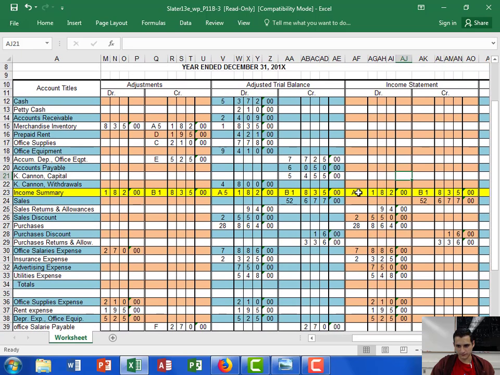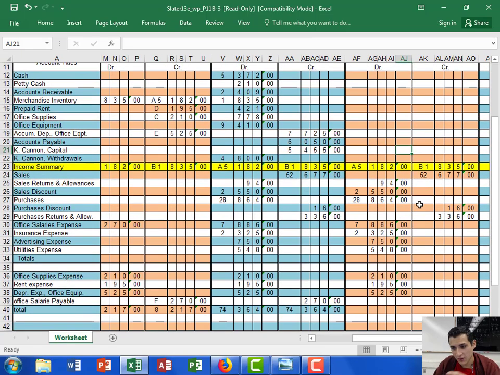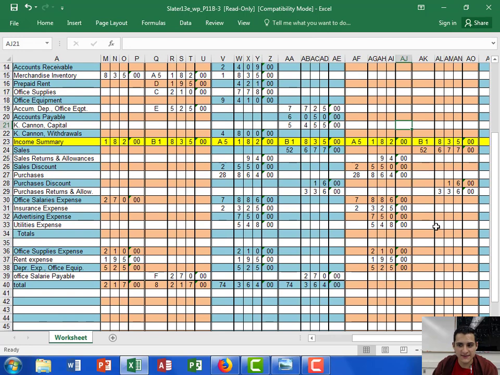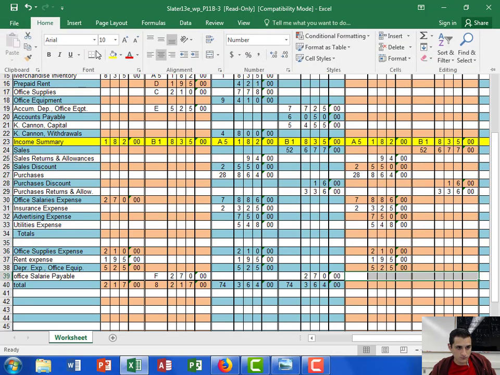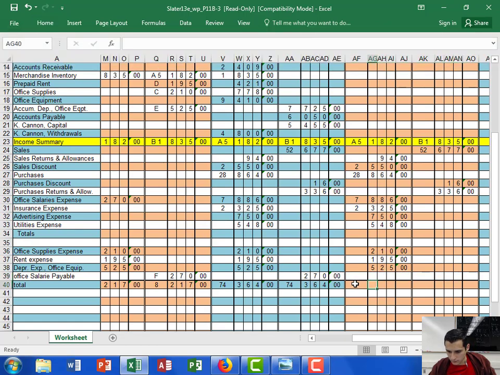The income statement. Because it shows all your revenues or your credits of how much money you've earned or have versus how much money you've used up, which is all your debits of expenses or what has left the business. So then you're going to do the subtotals of these debits and credits.